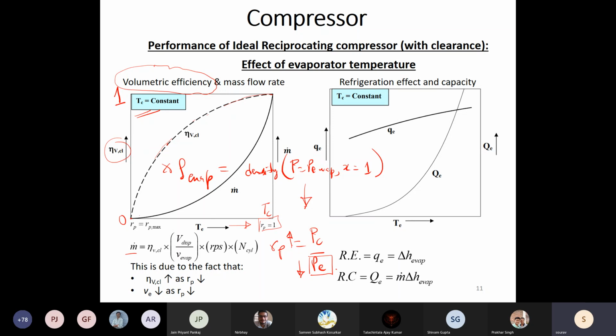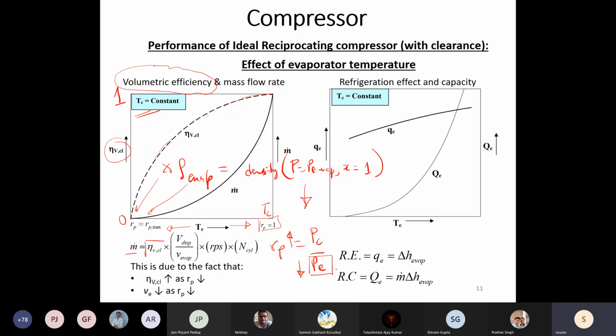What will happen to the density? It should reduce. It will reduce. Okay, so if you reduce your evaporator temperatures, that will reduce the evaporator pressure and hence the density. Already your volumetric efficiencies are reducing. Densities will also reduce. So you get a double whammy here. So your mass flow rate will significantly reduce.